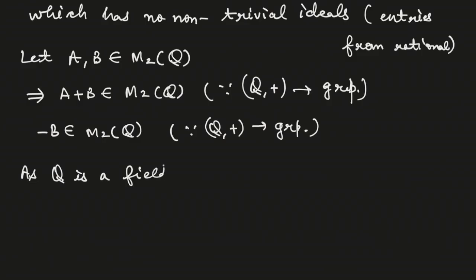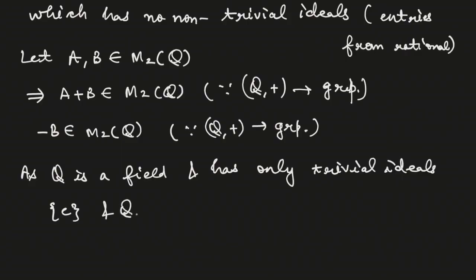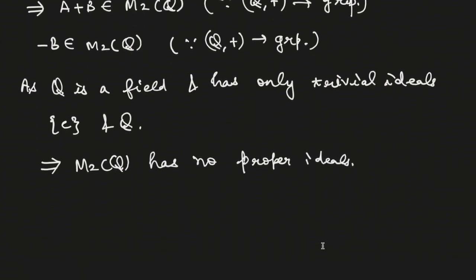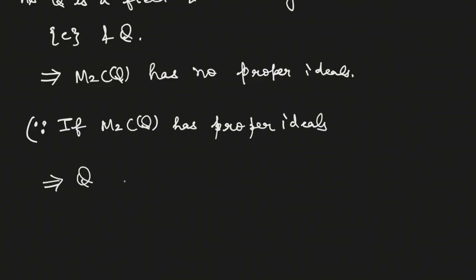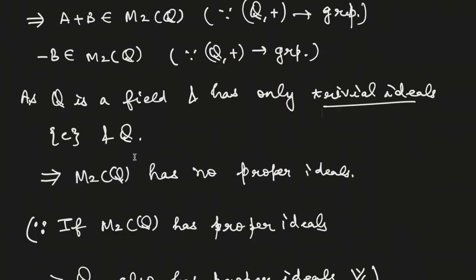So as this has only trivial ideals, this means that M2(Q) has no proper ideals, because if M2(Q) had proper ideals, then Q would also have proper ideals, which is a contradiction, because Q has only trivial ideals.